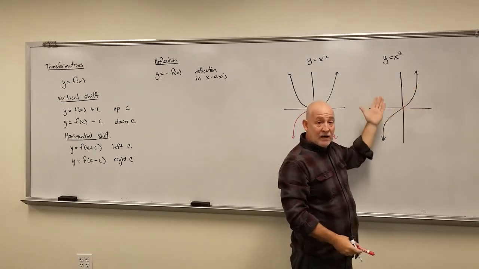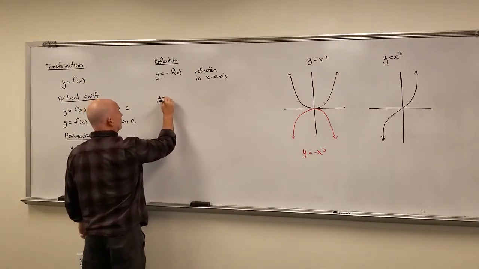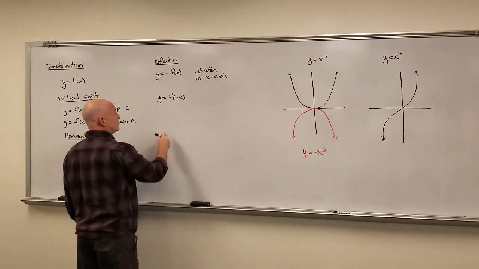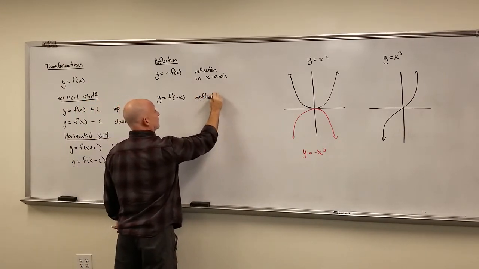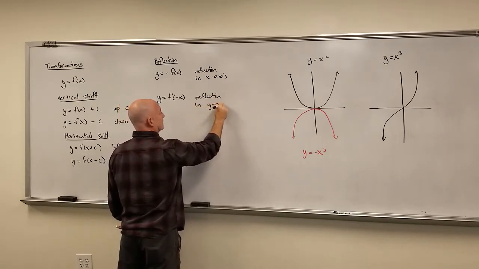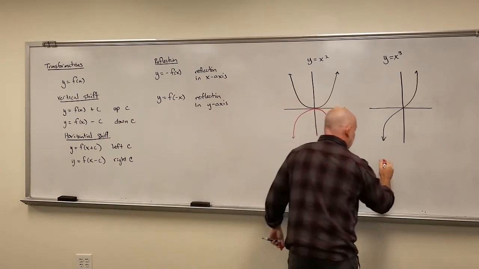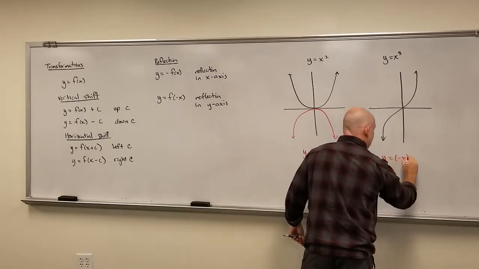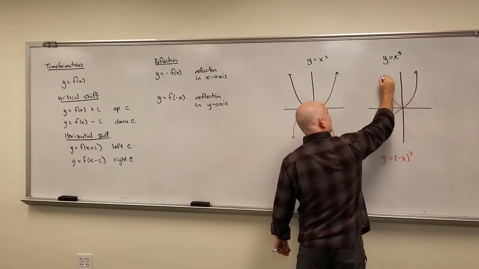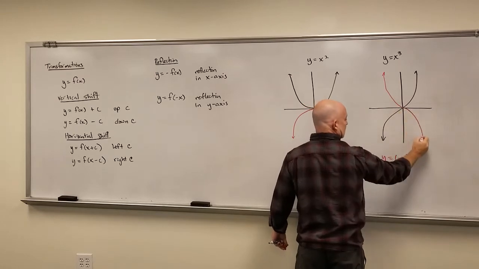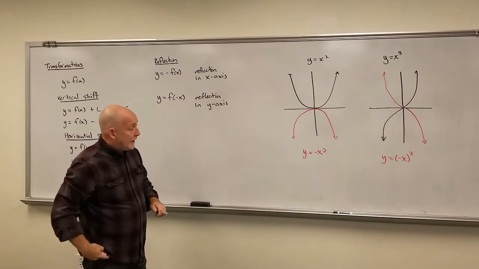So I want all the opposite x's, which means our reflection would be, if we start out with our function and have a negative x in there, that would be a reflection in the y-axis. So if I were to do y is equal to negative x cubed, this side would go over here, so this side would go this way, and this side would go that way. So you see, that's a reflection in the y-axis.